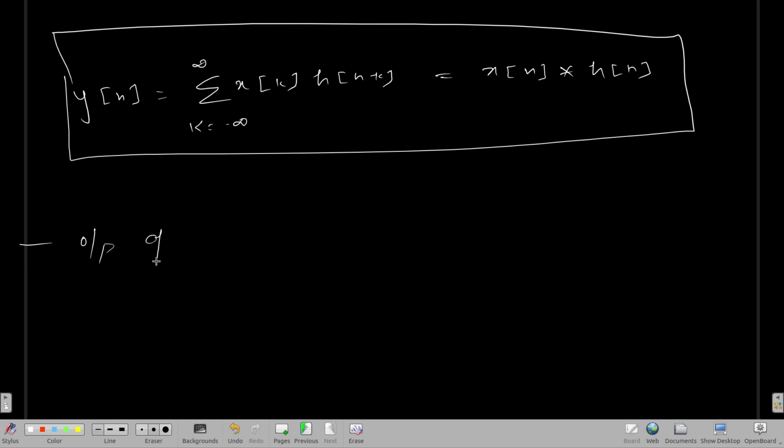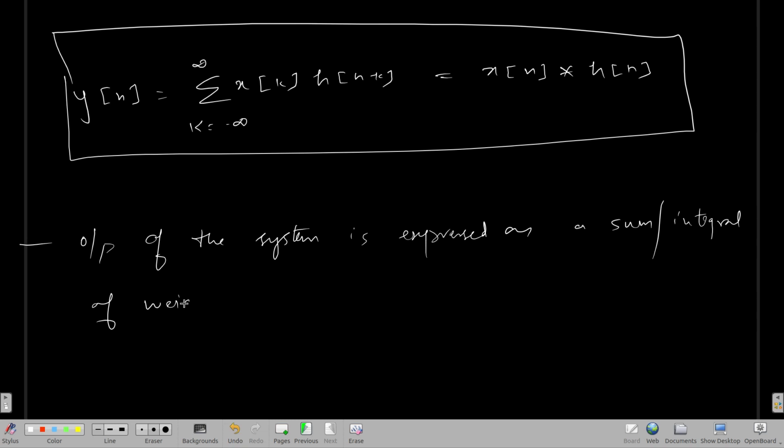The output of the system is expressed as a sum or integral, depending on the case, of weighted and shifted impulse responses.